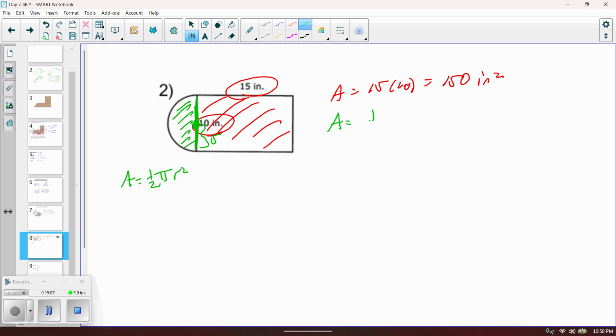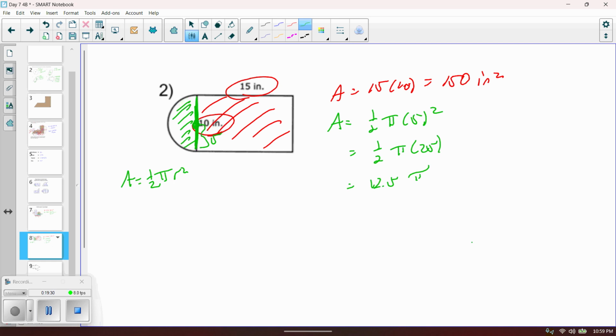So it'll be 1/2 of pi times 5 squared. 5 squared is 25, so that'll be 1/2 of pi times 25, and 25 times 1/2 is 12.5, so it'll be 12.5 times pi.